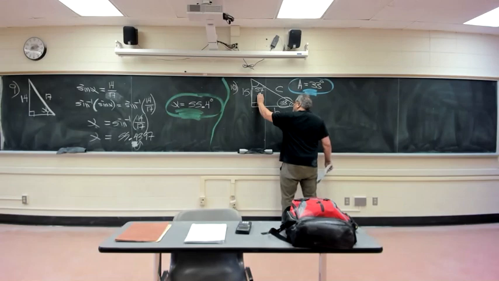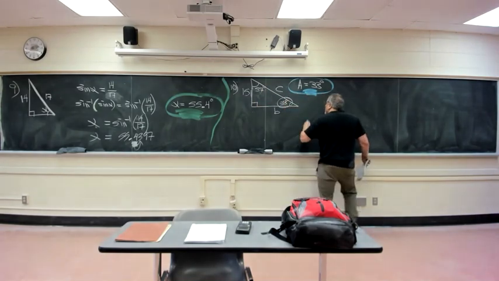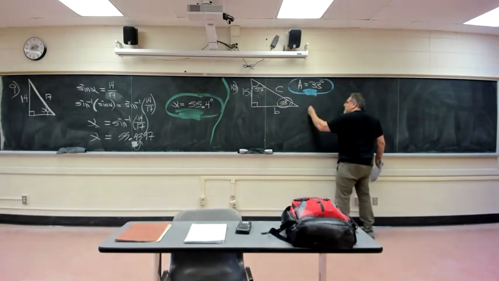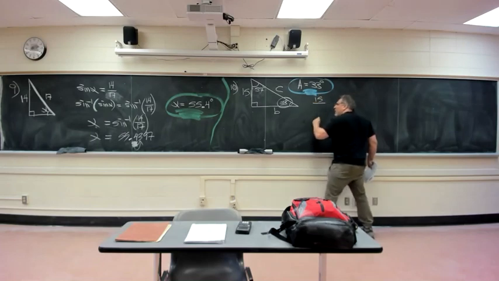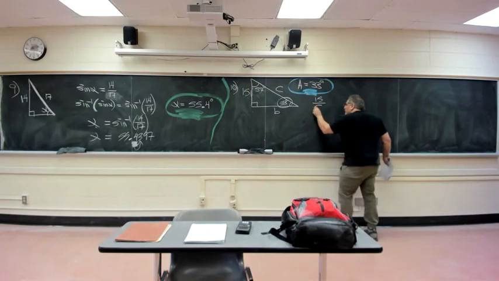Cosine of 57 degrees is adjacent over hypotenuse. So the cosine of 57 degrees is adjacent divided by hypotenuse.